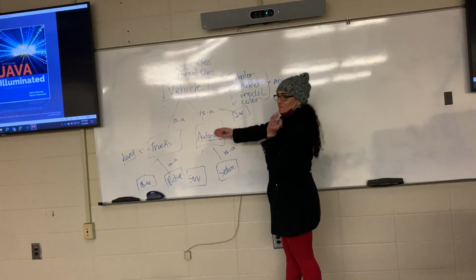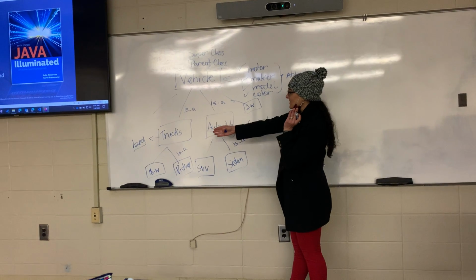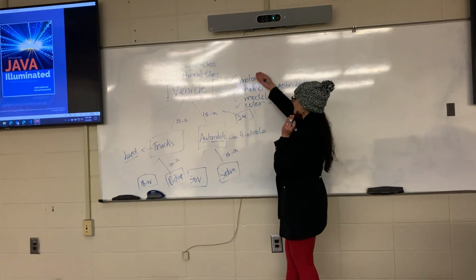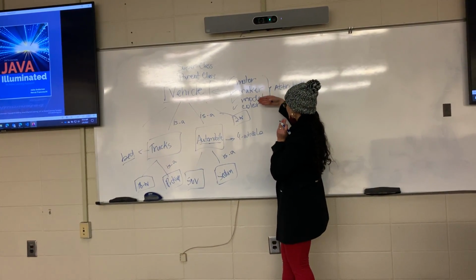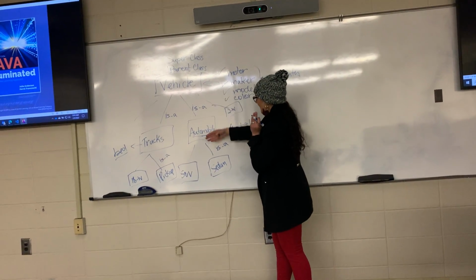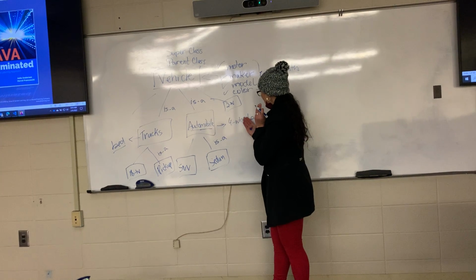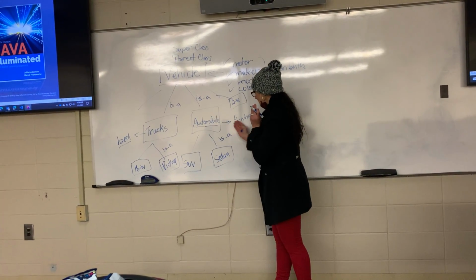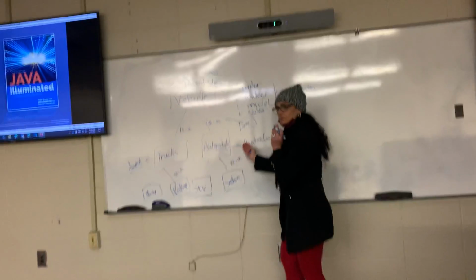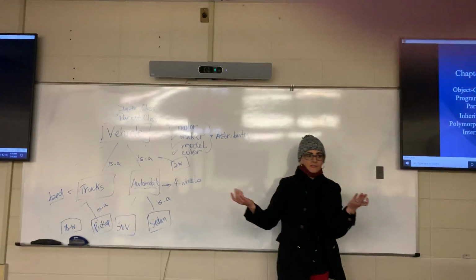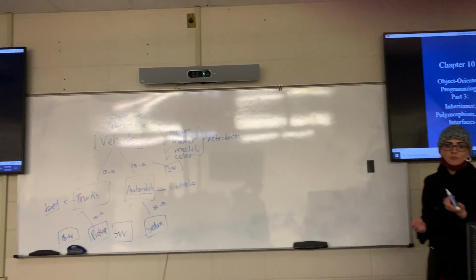Because automobile and trucks can inherit from the parent, I don't need to have the maker, model, and color attributes in here. But I can define a new attribute here, maybe just for four wheels, or something that is not in the vehicle class.